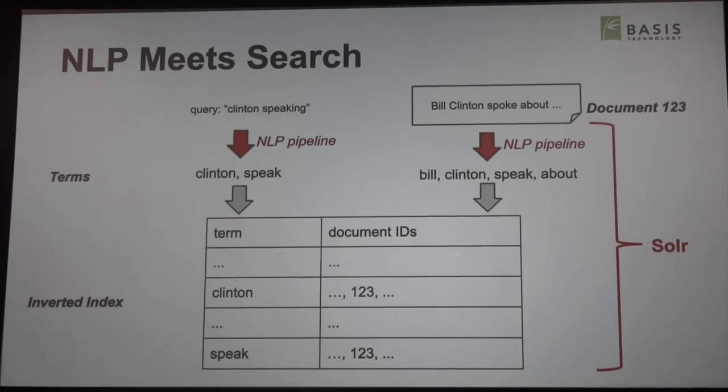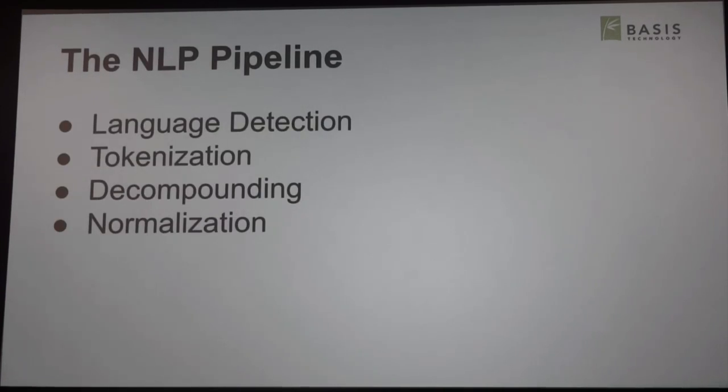Okay, so let's talk more about this NLP pipeline and what happens within it, and also why it's so important in the multilingual case. There are a few sub-processes that happen within an NLP pipeline, and you can think of these as generally building as you go. For the most part, the first thing you need to do is detect the language that a piece of text is in. Often you don't even know.